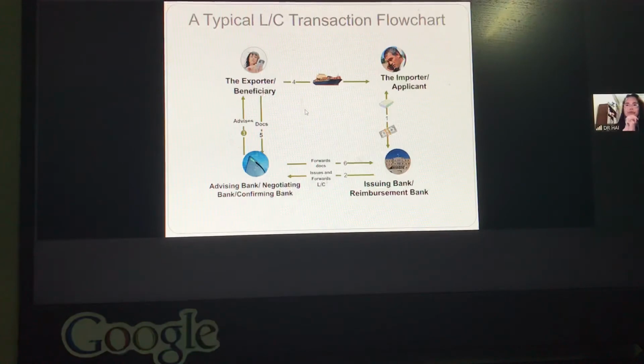Now, remember, step number 5 creates documents and presents documents to the nominated bank. Of course, the exporter needs to prepare all documents that the LC calls for.